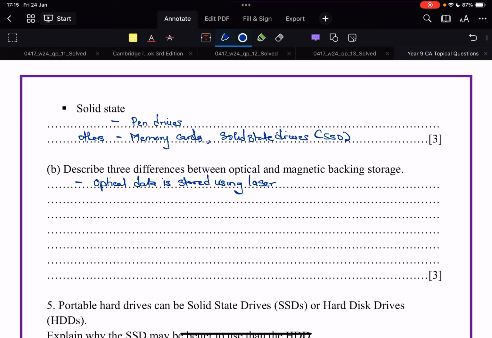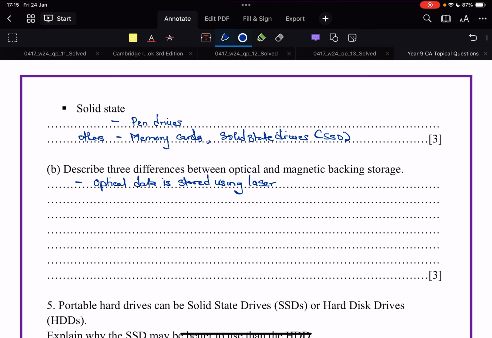When it comes to the optical, they rely on optical properties of laser light. That laser light is used to read data and to write data on the surface of the disk.